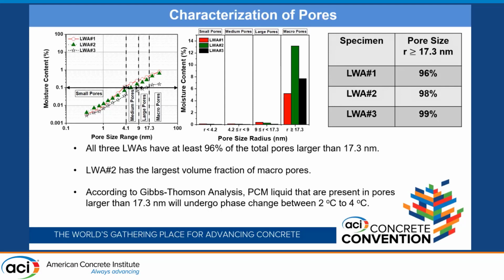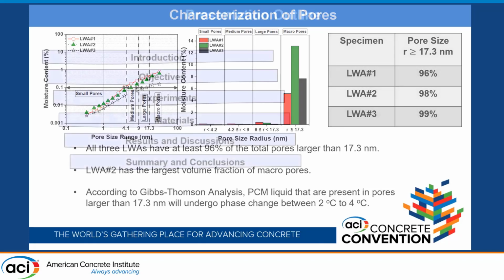Among all of them, lightweight aggregate 2 has the highest volume fraction of macropores. And from the previous slide, we already knew from the Gibbs-Thomson analysis that the PCM liquid present in pores larger than 17.3 nanometers will undergo phase change between 2 to 4 degrees Celsius.